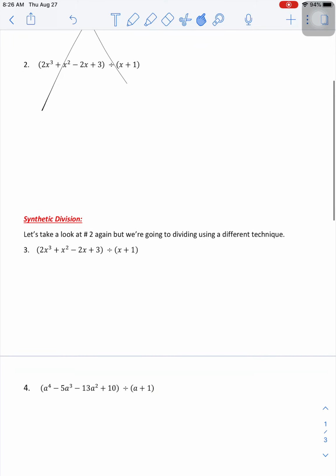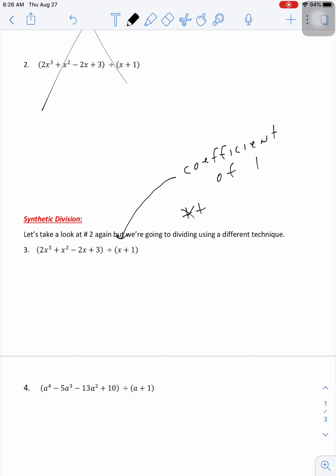All right, so for synthetic division, before you even start, you have to keep two things for sure in mind. One is that here there's a coefficient of 1. And you still have to look for missing terms.